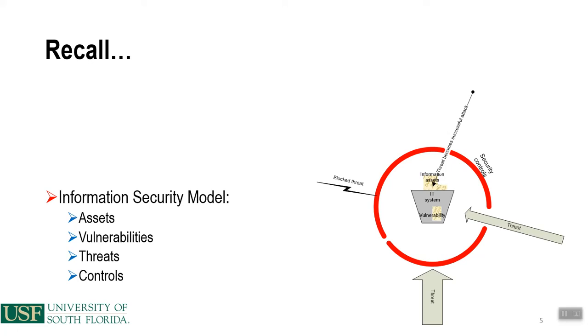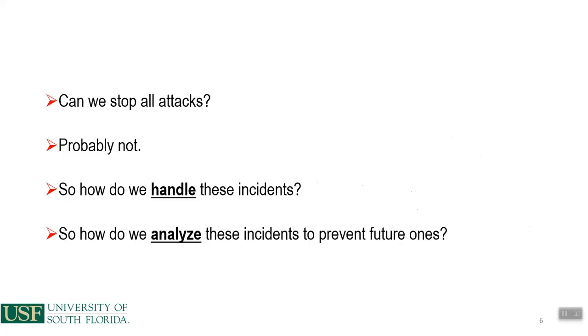Now, our goal as information security professionals is to deploy the appropriate controls around the IT systems in a fashion that will keep attackers from getting into the system and protect the system as much as possible. Because the attackers will be using a variety of different threats that will try to break through the controls or bypass the controls and get to the vulnerabilities in the system to exploit them and cause damage against our organization.